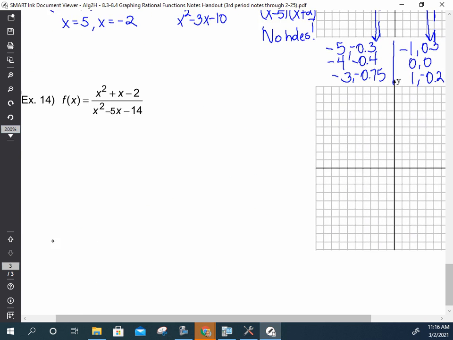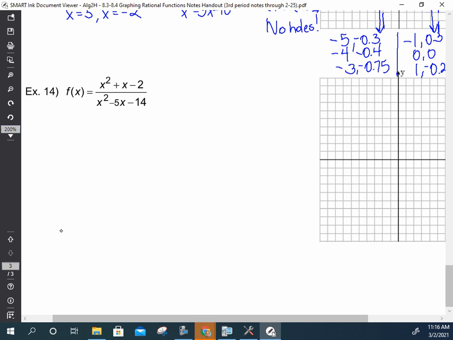All right, last example. The last example: x squared plus x minus 2 over x squared minus 5x minus 14. So the same rules essentially apply. Start with your zeros. Now that we know the shortcut, let's use the shortcut.